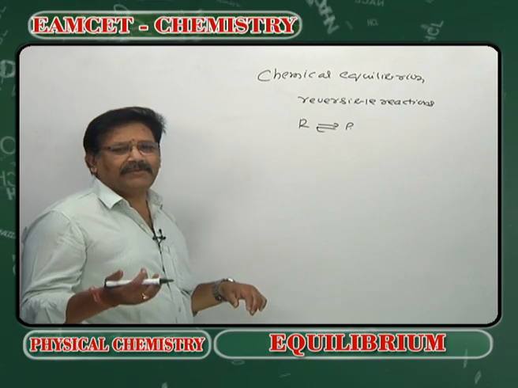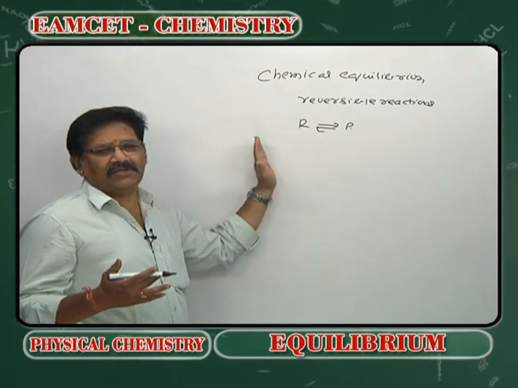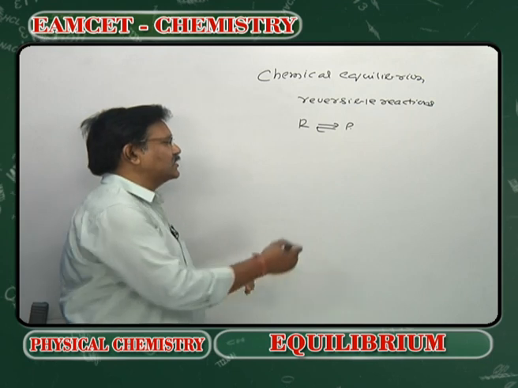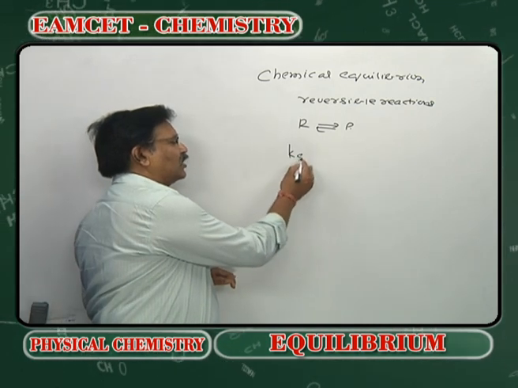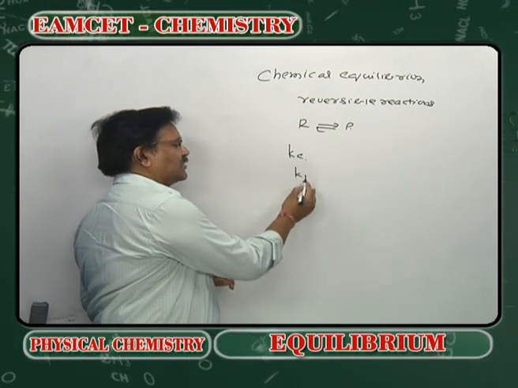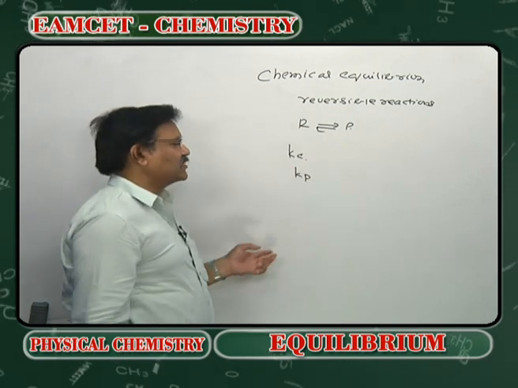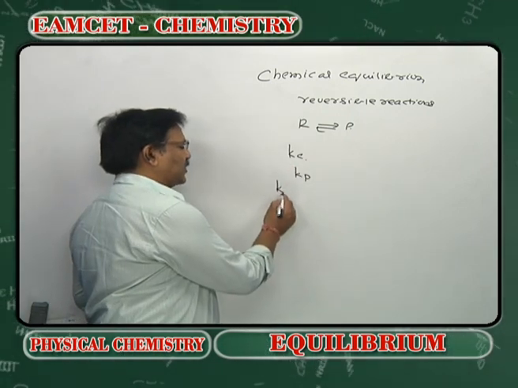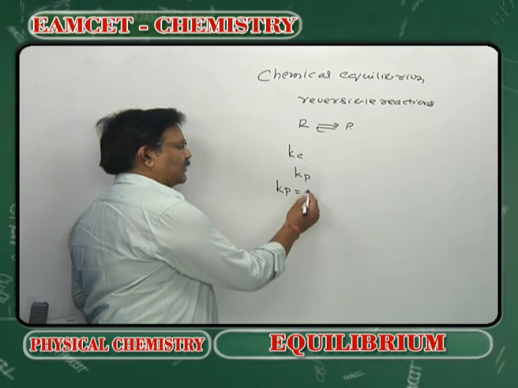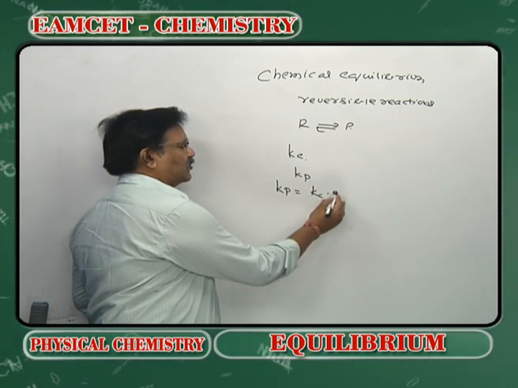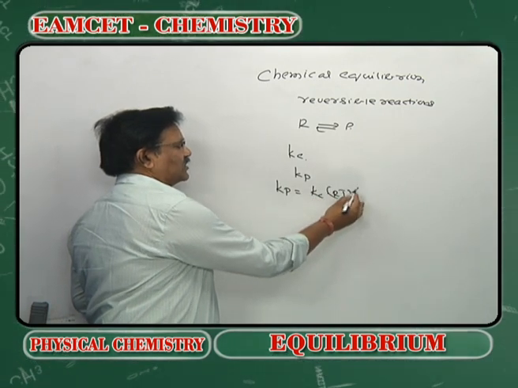So, the chemical equilibrium constant can be expressed in two ways: in terms of molar concentration and in terms of partial pressures. What is the relation between them? Kp is equal to Kc into RT to the power of delta n. What is delta n?